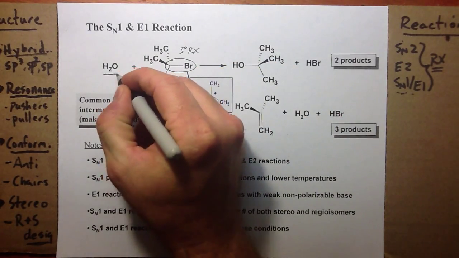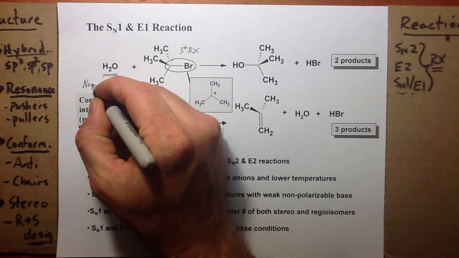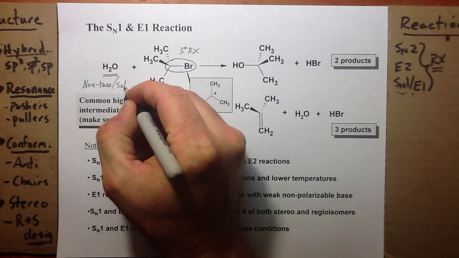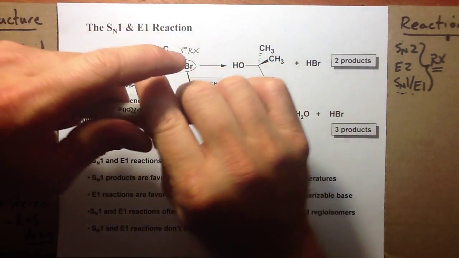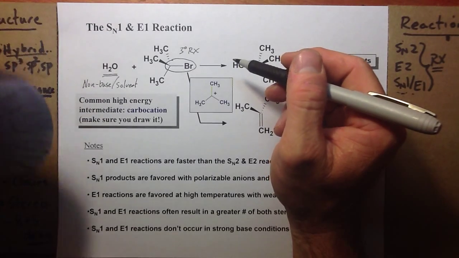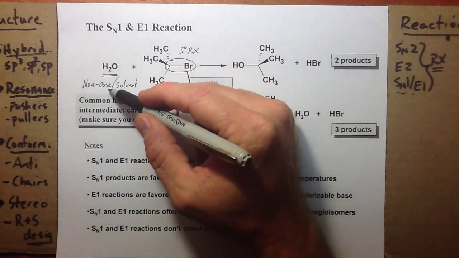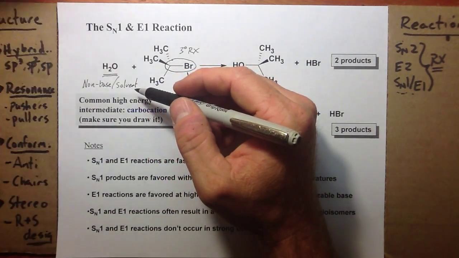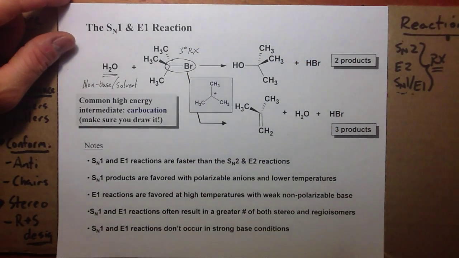Now we have here water. It is both our non-basic nucleophile, but it's also our solvent. So we can have what's called in reaction solvolysis, where the solvent reacts with the alkyl halide. That's often the case when you have water or ethanol as a non-base, but also as the solvent for the reaction.